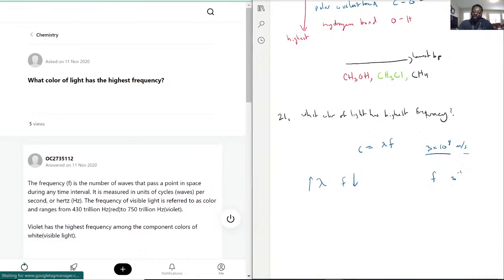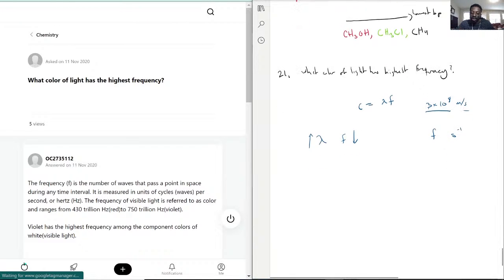So you want to identify the light with the smallest wavelength, so it can have the greatest frequency. For this one, you either have to memorize or look at a sheet.